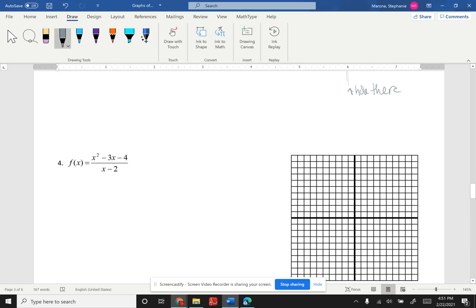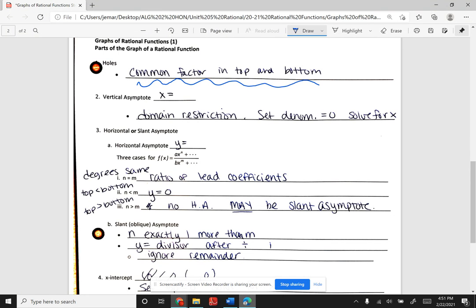Number 4, we do have to factor the top to see if there's a common factor. So that's what we get when we factor. For number 4, there's no hole. So I would probably add onto that sheet that we're going to use factored form for this, because sometimes it's easier to use the factored form, sometimes it's easier to use the non-factored form.